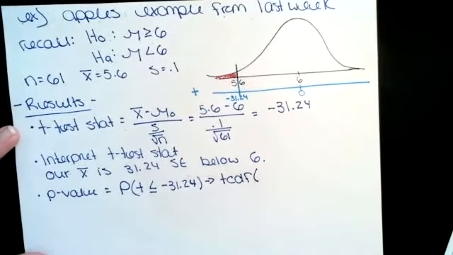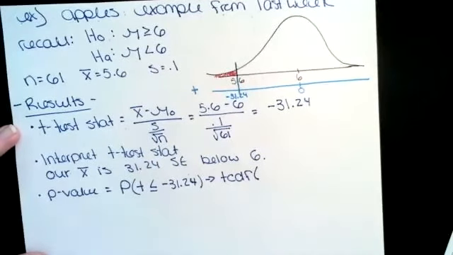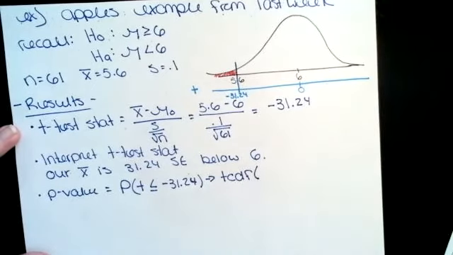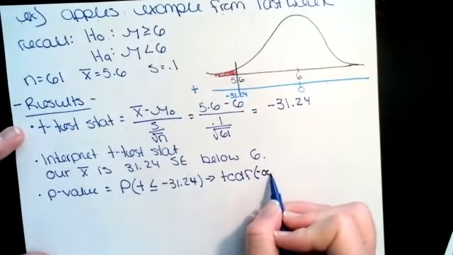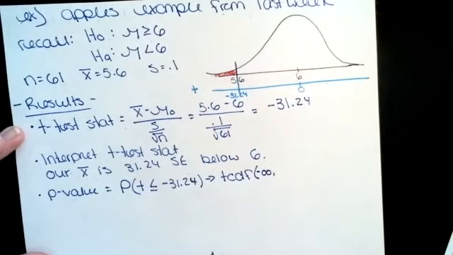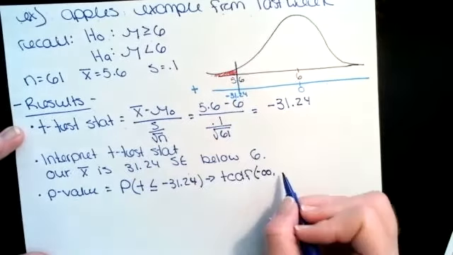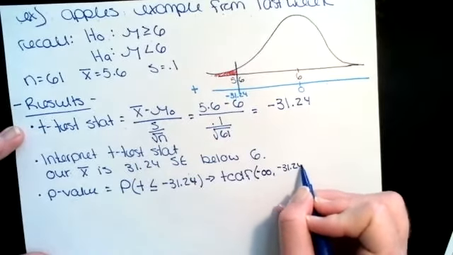You can find that in the same place as you'll find normal CDF on your calculators or on Minitab. Remember what I mentioned before, we put our lower bound, which here is negative infinity, and then our upper bound is this negative 31.24.